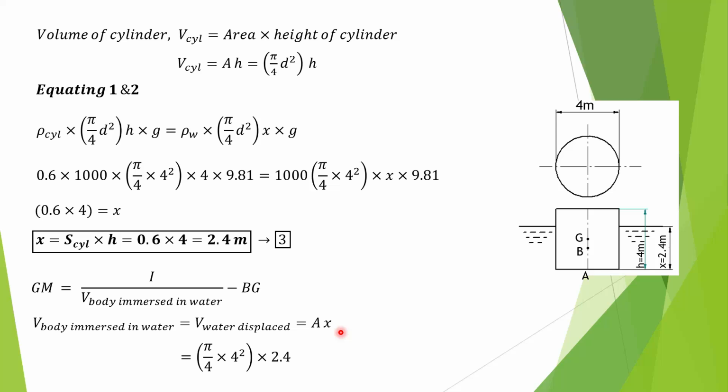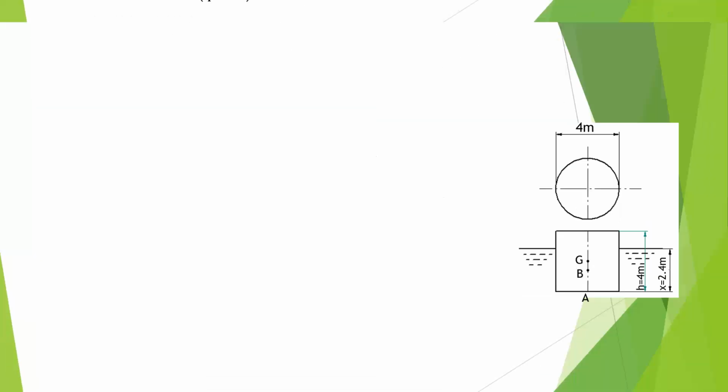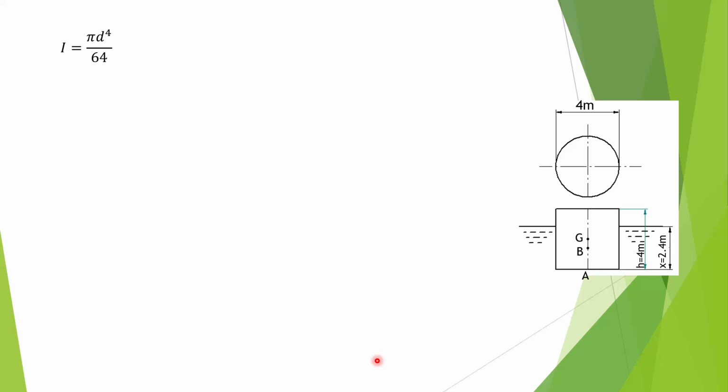The x value is known, so A is pi by 4 into 4 square. So we'll get the answer as 30.159 meter cube. Now I, moment of inertia: since it is a cylinder, the equation is pi by 64 into d power 4. The answer is 12.56 meter power 4.